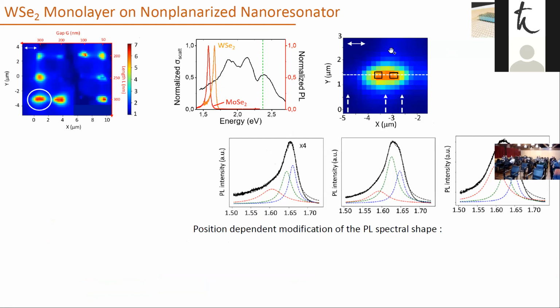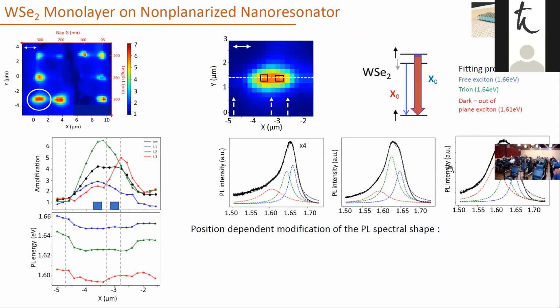So this is just a zoom. And if we look at the shape of the PL at 3 different points on this map, here, here, and here, we see that it's very different, not only in the amplitude, but also the shape is quite different.